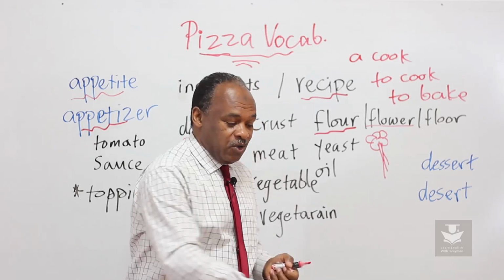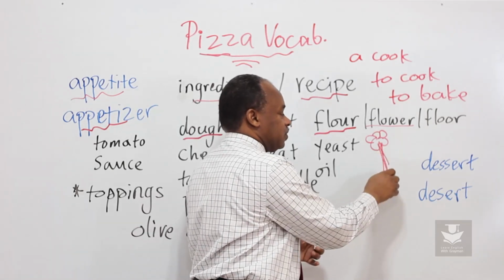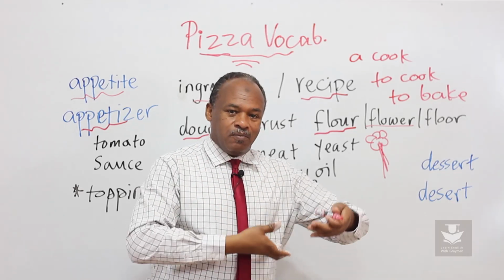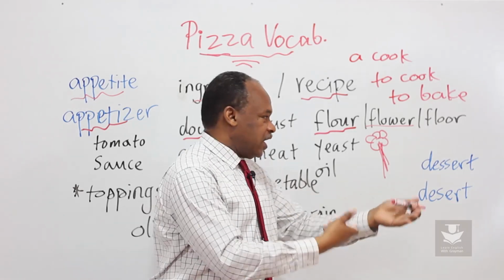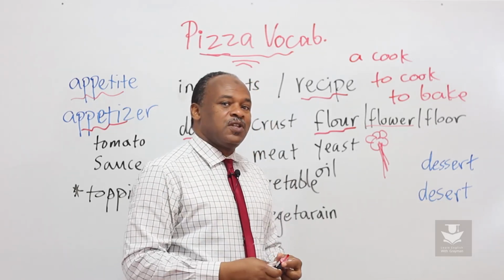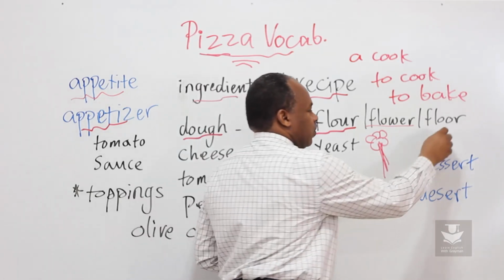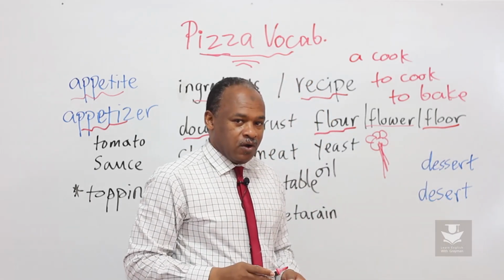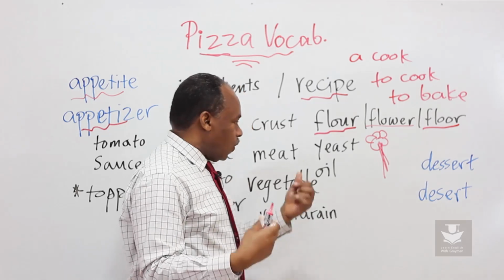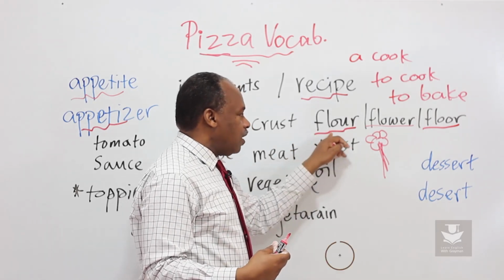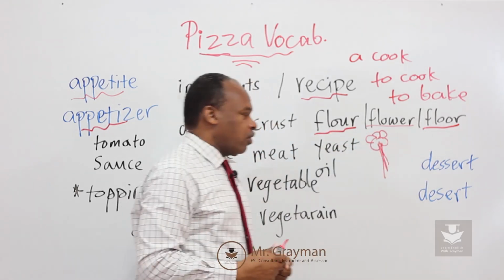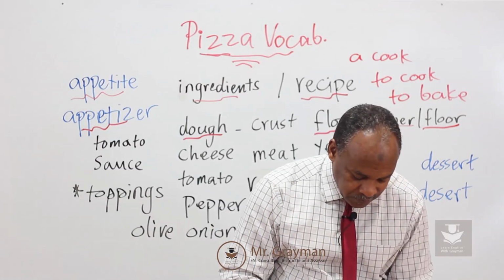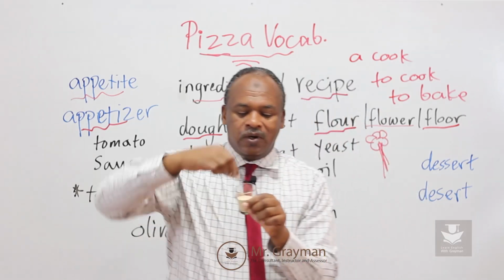Okay, flour, not this one, but the flour you take for a special occasion, they will be colorful with different colors. A bouquet of flour, you take it to hand it to a special person that you care for. But this one here, this is flour, this flour and flour.